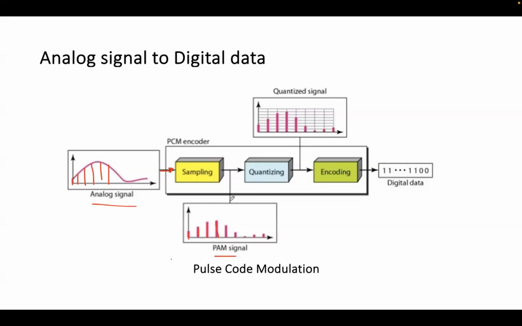So, after sampling, this data will be provided to quantizing, where each sampled value can be any height in theory, but we limit it to a set of fixed levels. So, we usually round off the number. Suppose here we considered the height of the wave at regular time intervals.